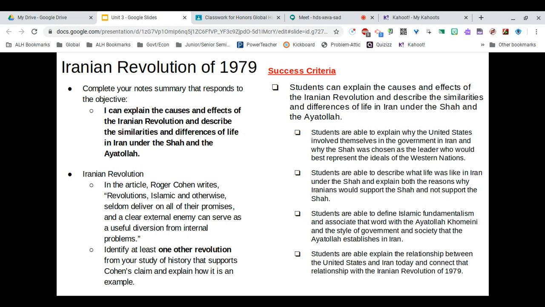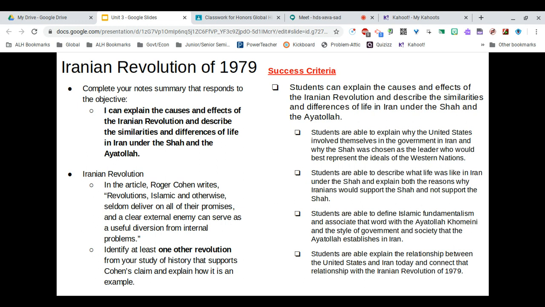So what you're being asked to do is to identify one other revolution from your study of history that supports Cohen's claim and explain how it's an example. So you want to choose something besides the Iranian Revolution, and ask what other revolution happened where they did not deliver on the promises that were set into motion, where they chose an external enemy to divert them from the internal issues that they were having?